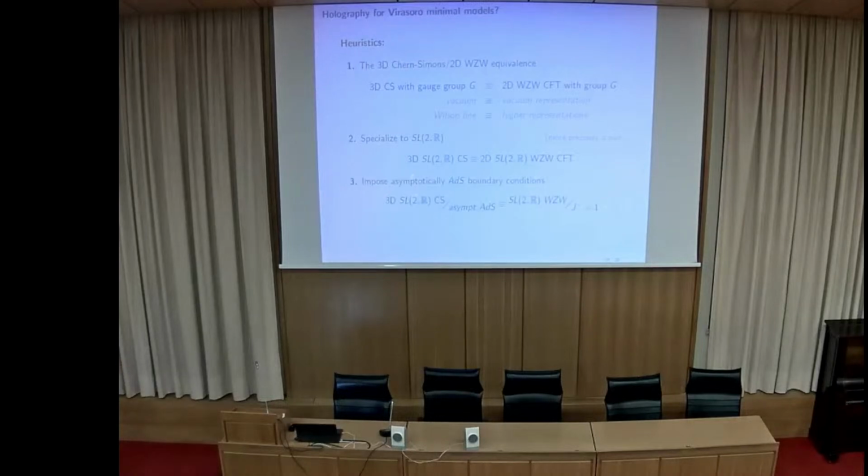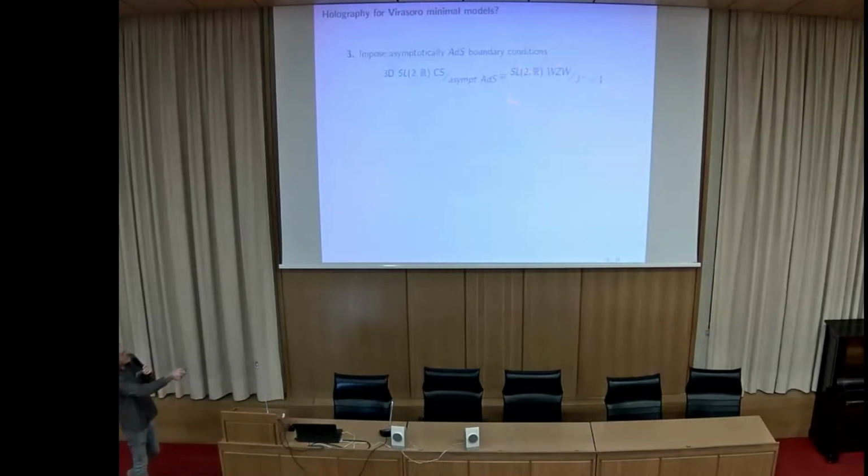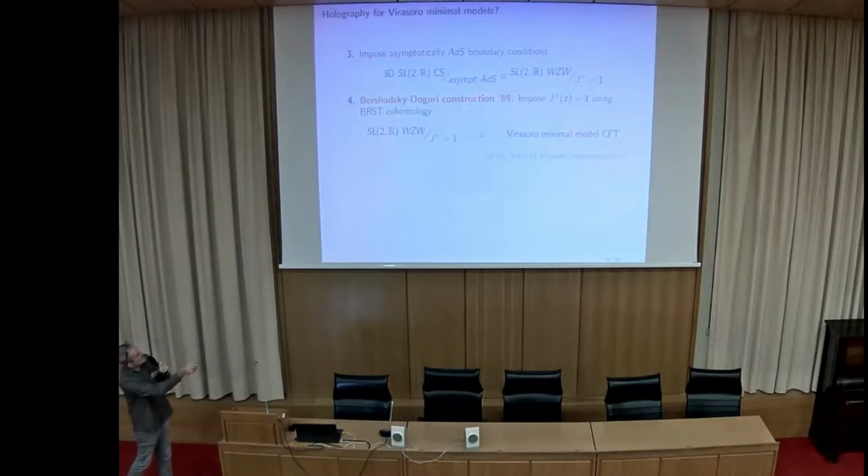And then we'd like to impose asymptotically AdS boundary conditions. This would correspond to J plus equal to 1, where J plus is one of the currents of SL2R. Once this is done, we can go back to a very old paper by Bershadsky and Ooguri, who, for completely different reasons and motivations, showed that one can impose it on the level of BRST cohomology and that the representations exactly coincide with the representations from minimal models, and similarly for the matter representations.